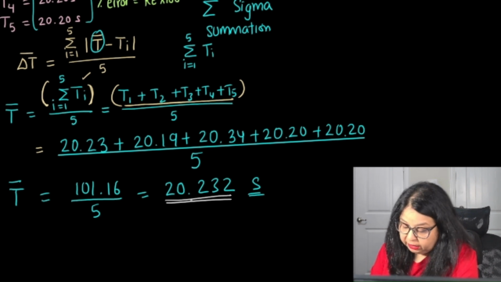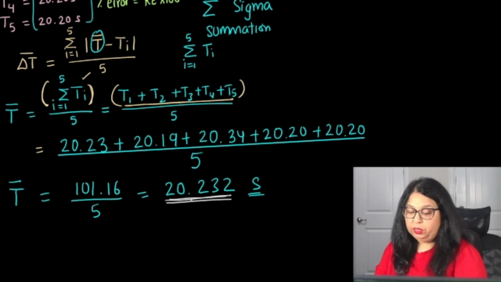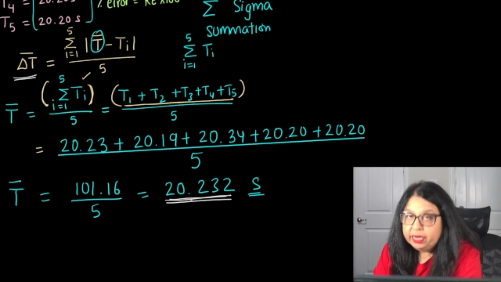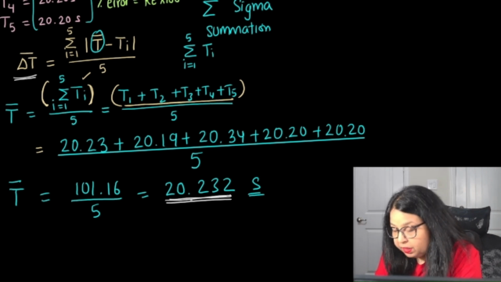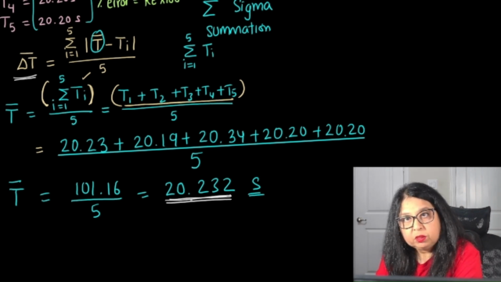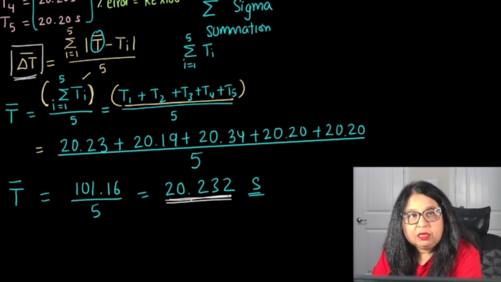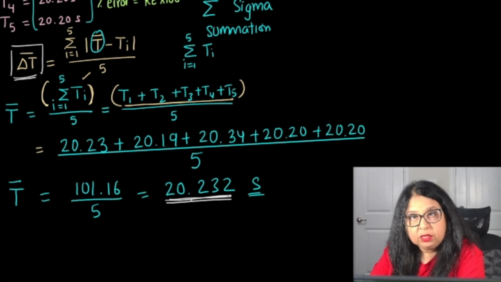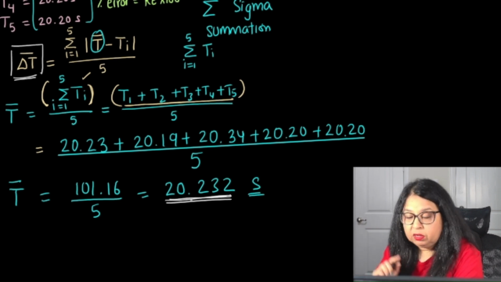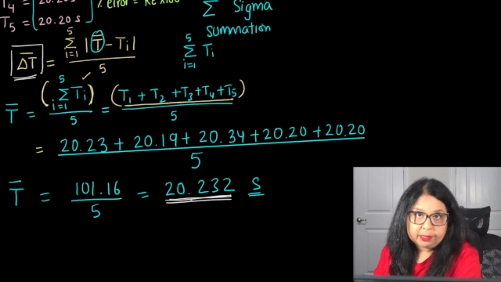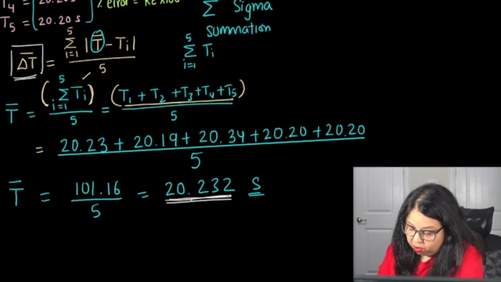However, since we are going to use this value in another calculation, which is the calculation for mean absolute error, the rule says keep all of these digits after the decimal, and at the end, when you have the final value for this delta t bar, round it off to the correct number of decimal places or significant figures based on whatever the rules might be. Okay, so now I know t bar.